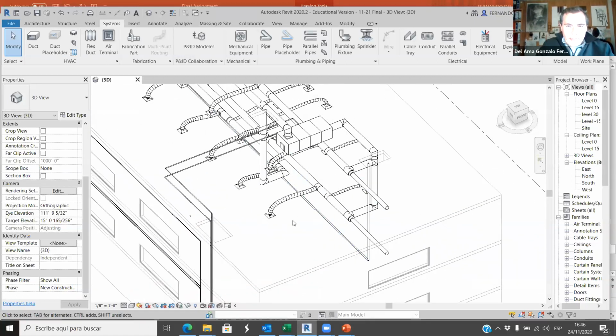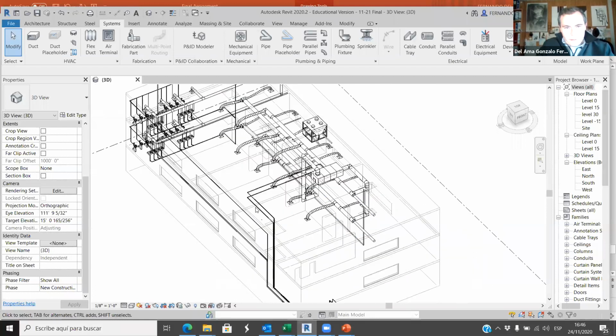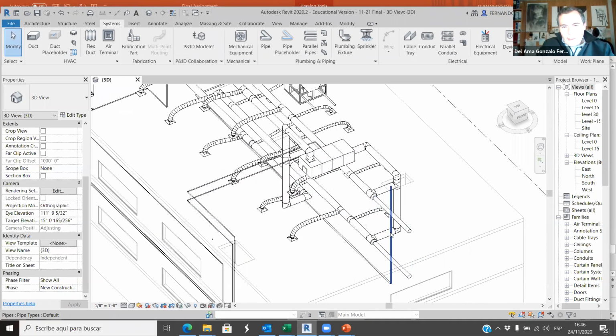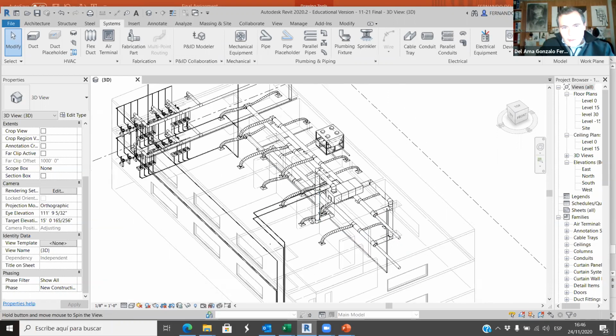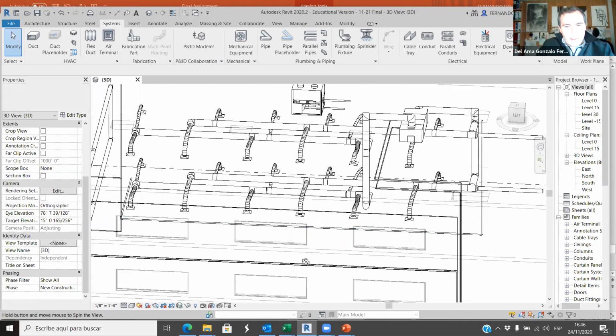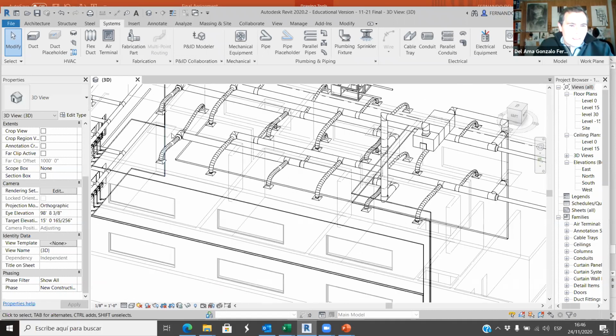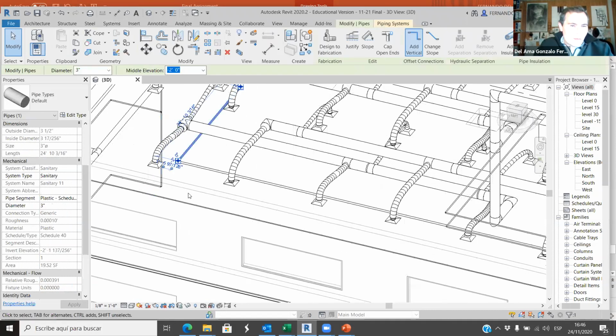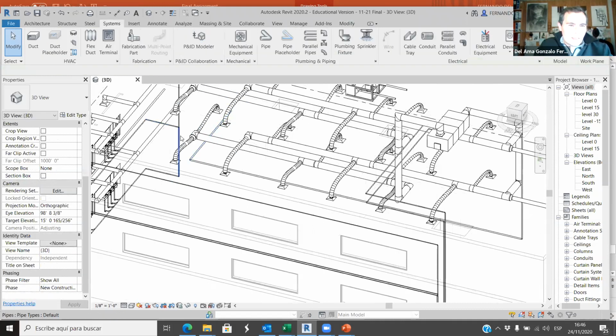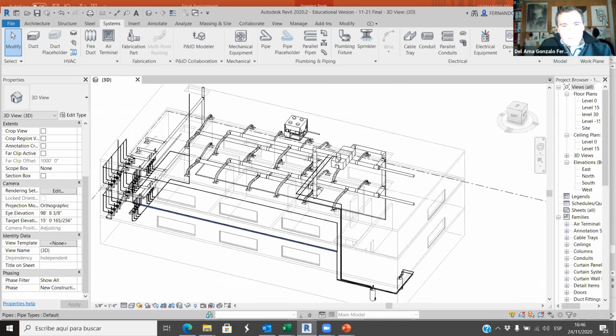This pipe will get all the water that rains in this part of the building, and then it will go down, and eventually we will get rid of it here. And now you have to connect this stack to this one, because this is the gray water, and at the end we are collecting all the gray water here.